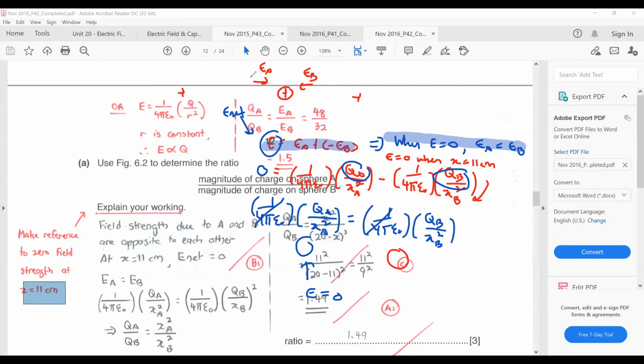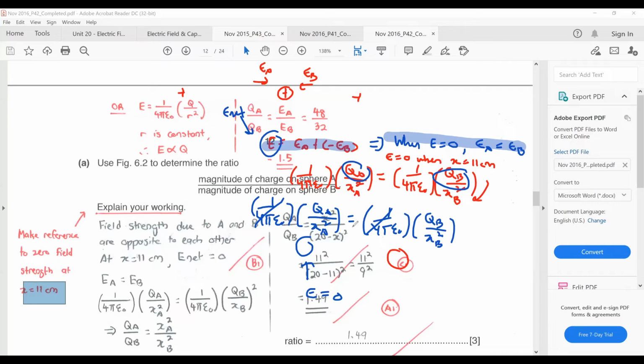From here, I think you have to do it like this. When E is 0, EA equals EB. E is 0 when x equals 11 centimeters. So you get this. Then you sub it in.